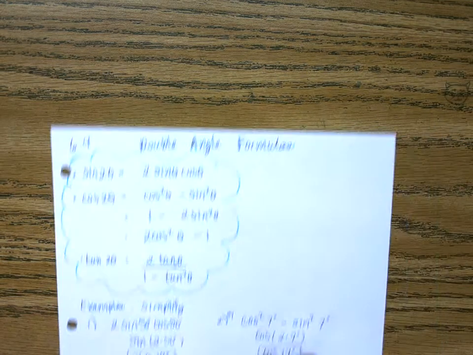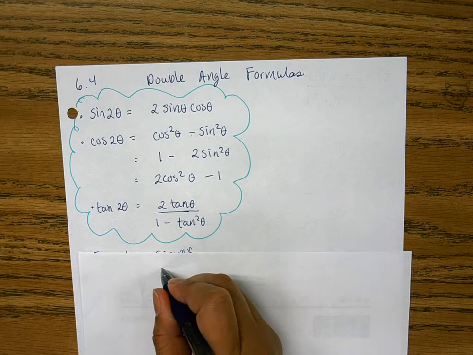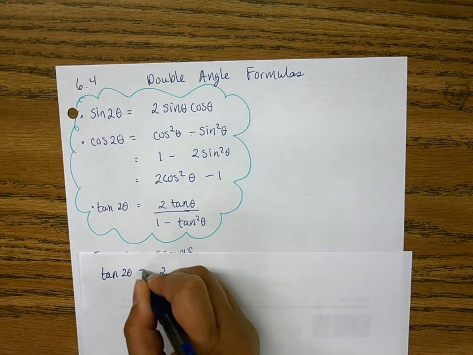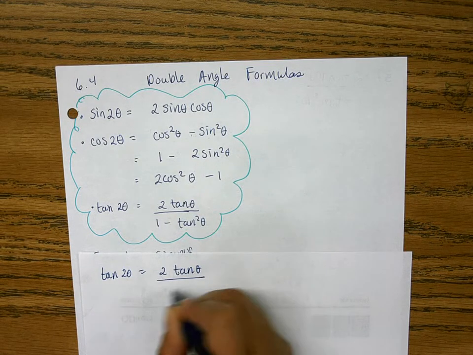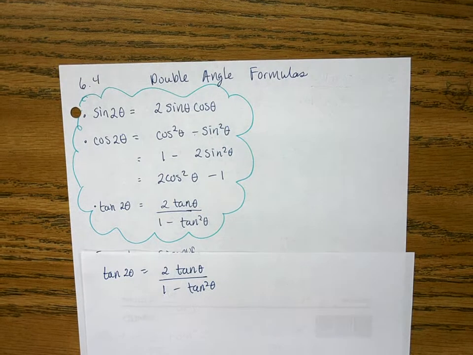Okay, so flipping back over really quick, you could see your tangent formula. I'm going to rewrite it here just so I can put it on the other page. Tan of 2 theta equals 2 tan theta over 1 minus tangent squared theta.